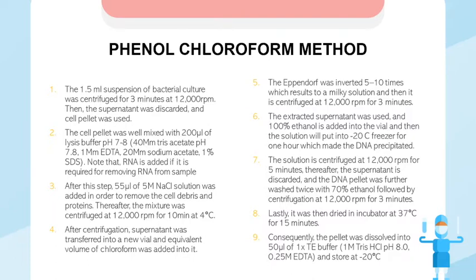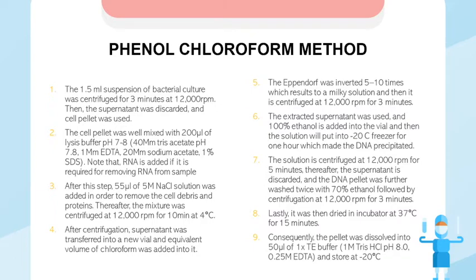Thereafter, the cell pellet was well mixed with 200 microliters of lysis buffer, which consists of 40 millimolar Tris-acetate with a pH of 7.8, 1 millimolar EDTA, 20 millimolar sodium acetate, and 1% SDS. And take note that RNase is added if it is required for removing RNA from a sample.